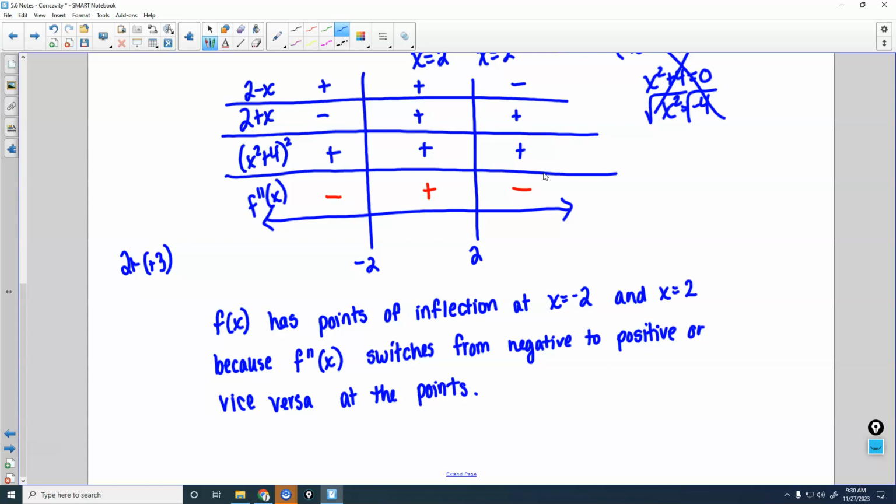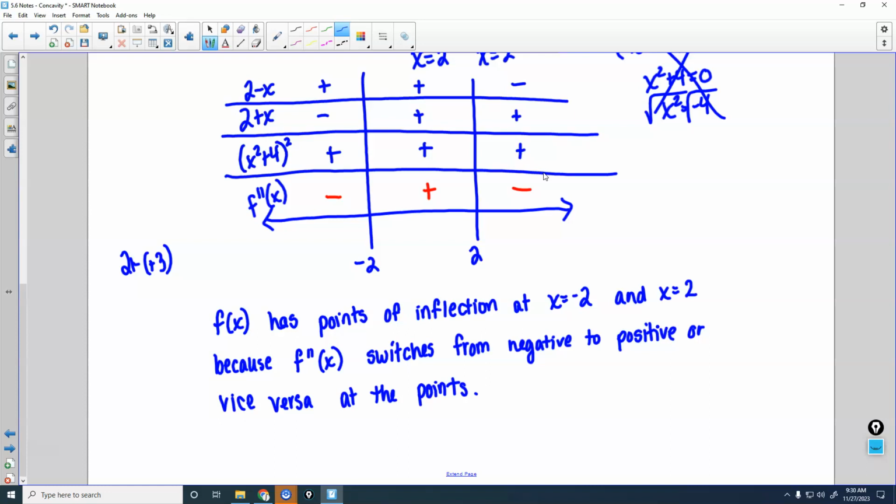Probably the quickest way would be to say that f double prime changes signs at these points, and I almost stopped and rewrote it like that, but I was already too far in. Or you can say that you switch from negative to positive or positive to negative at those points, just explaining that that sign changes.